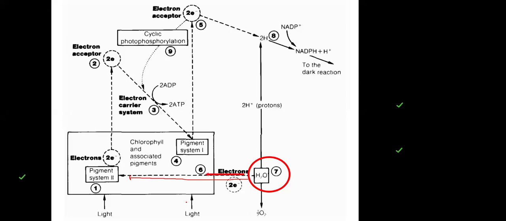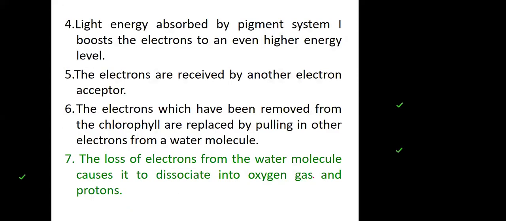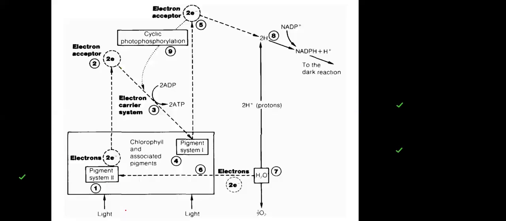Okay. And then we see the loss of electrons from the water molecule causes it to dissociate into oxygen gas and protons. I think I talked about that earlier as well. So these protons are going to be used by this coenzyme, NADP.